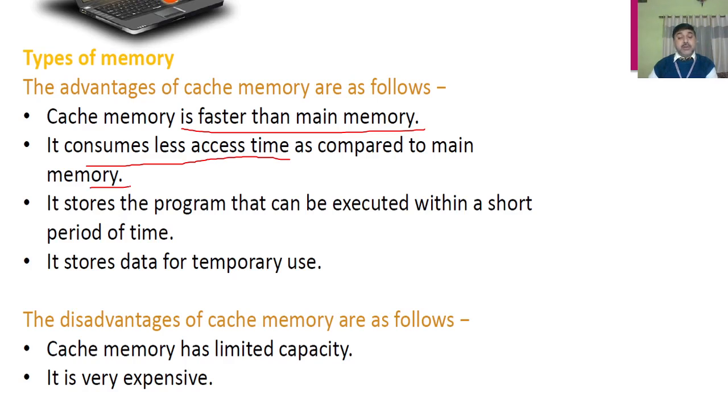Next, when we are talking about the cache memory, we find that a program can be executed in a very short period of time, that means a very small time it can do the work.